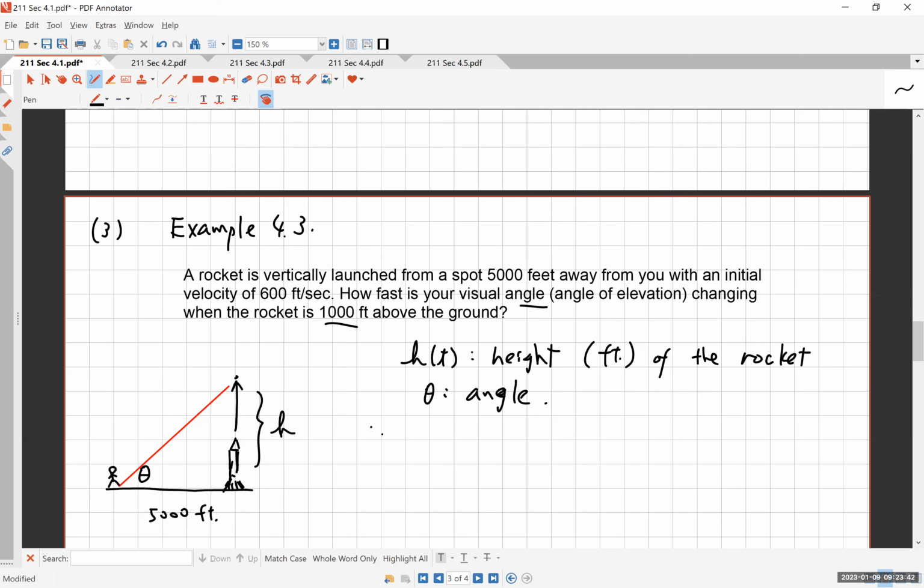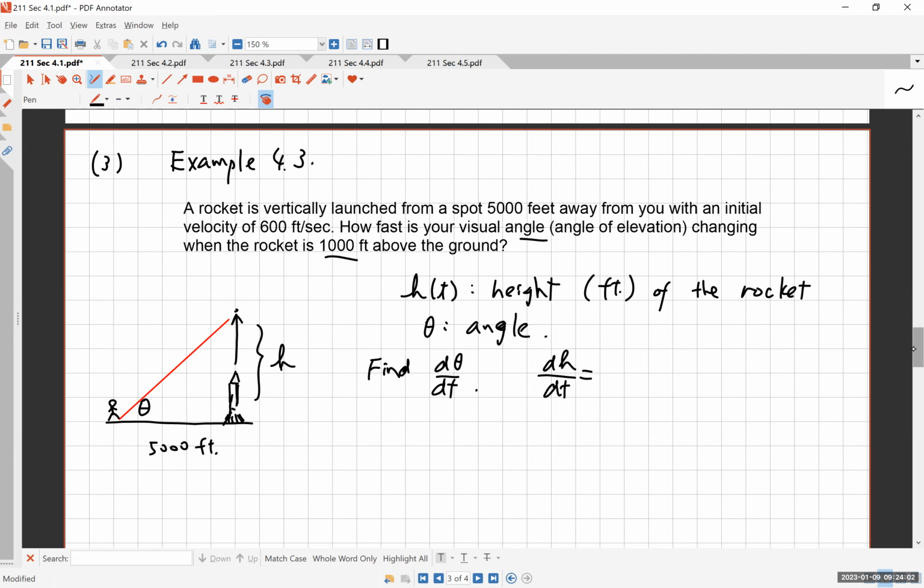And we are trying to find what? d theta dt, because the question says, how fast is the angle changing? Do we know dh dt? That is the rate at which h is changing, otherwise known as the vertical velocity of the rocket, and that's 600 feet per second.